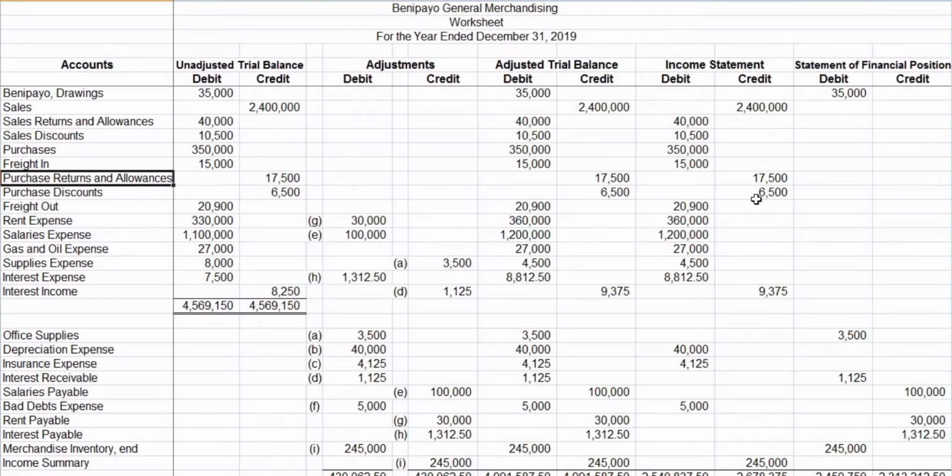In addition, this 6,500 must be debited also using the account name purchase discounts and this interest income account in the amount of 9,375. And of course, since closing entries are considered journal entries, being recorded also in the journal, the total debit must equal the total credit.